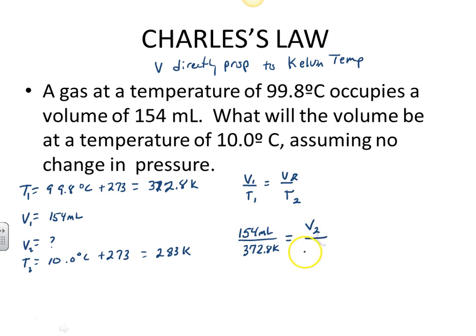V2 over 283 Kelvin. V2 is then going to be equal to 154 milliliters times 283 Kelvin, because we're cross multiplying, and then divide that by 372.8 Kelvin.